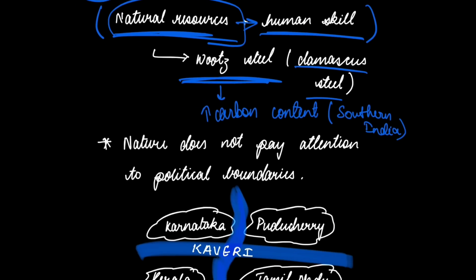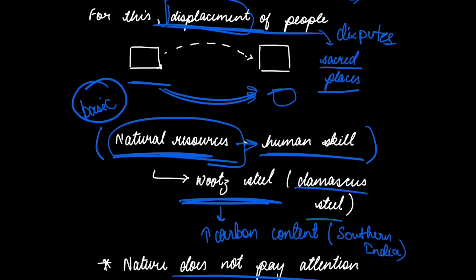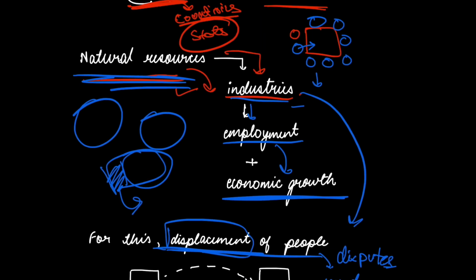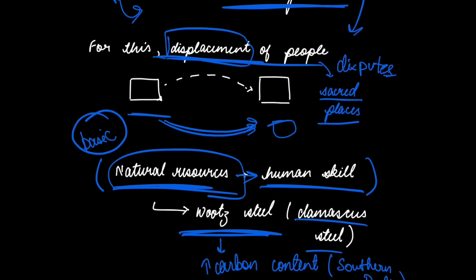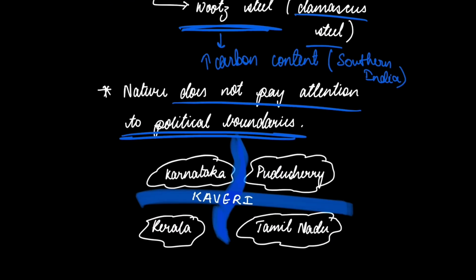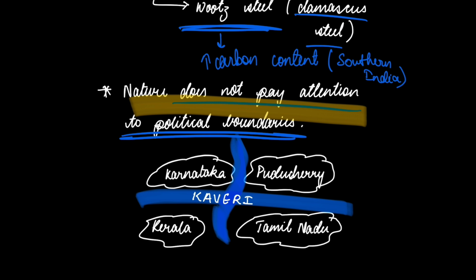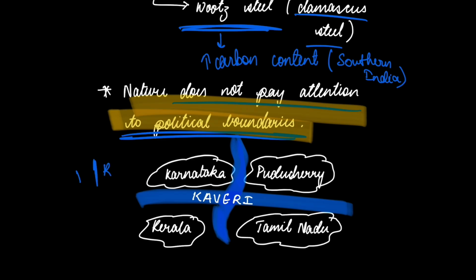And next, nature does not pay attention to political boundaries. You already studied that natural resources are not evenly placed. That is what they are saying in this statement. It is important to remember that nature will not pay attention to political boundaries. That is, it will not know that this is Karnataka or this is Tamil Nadu, and that it has to go here or there. It's not like that.